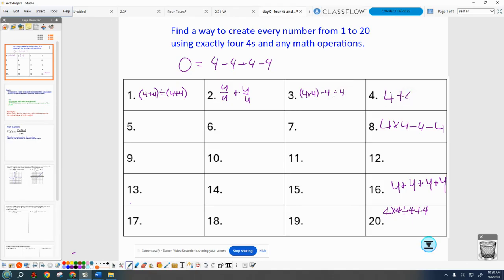If you type it in on the calculator, 4 times 4 is 16. 16 divided by 4 is 4. So you got us 8. So that one didn't quite work. That was another way to get 8. So you said 4 times 4 divided by 4.